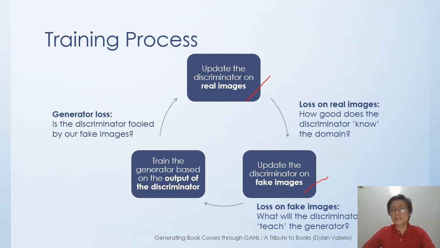It then gets the current output of the generator and updates itself on these fake images. And then afterwards, the generator will take the outputs of the discriminator, basically asking the question, is the discriminator fooled enough by our fake images? So it updates itself to fool the discriminator, and the cycle starts anew.